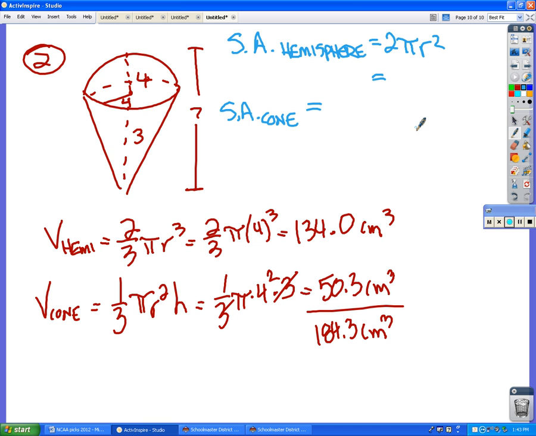And since the radius is 4, that's going to be 2 times pi times 16, which is 32 pi, but we want it as a decimal, so that's 100.5. And that is square centimeters.